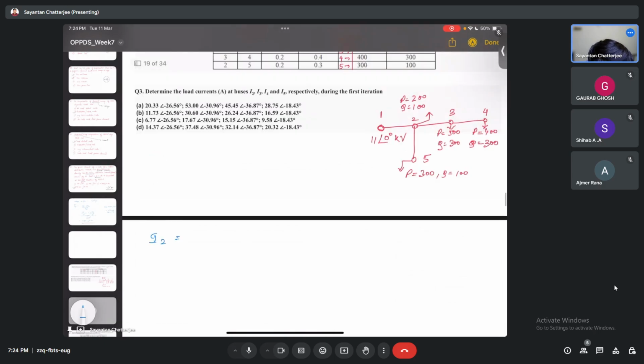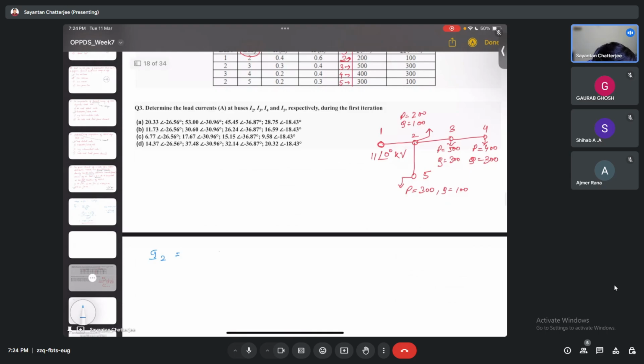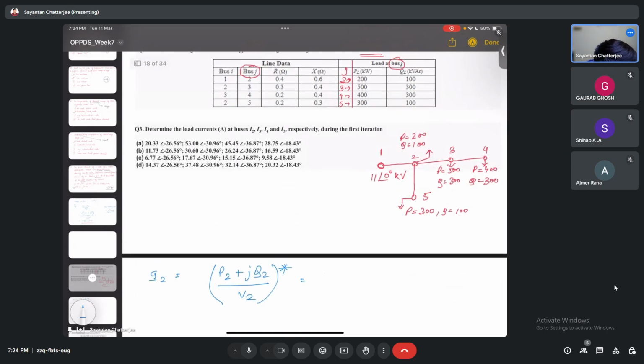So what will be I2? The node value, that is P2 plus jQ2 by V2, so the whole thing needs to be conjugate, because power is equal to V I conjugate here. The P value is given as 200, minus jQ, where Q is 100, and V2 is 11.